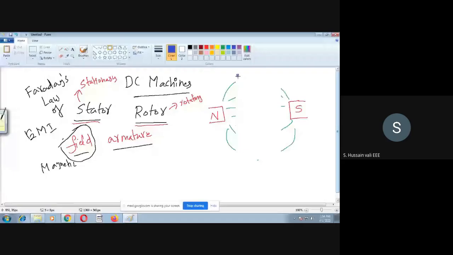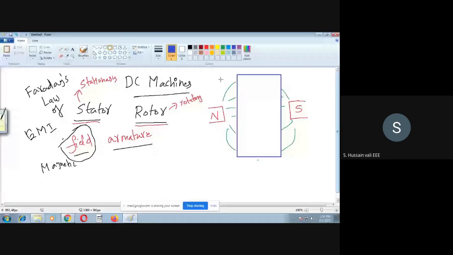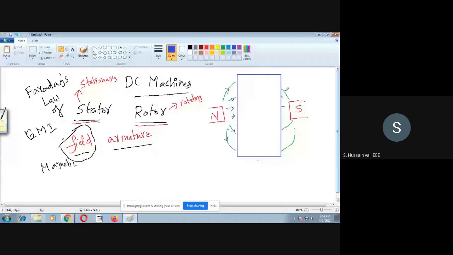Now this is a conductor. These are flux lines. They are traveling through this. So obviously there is a possibility that they may travel like this.